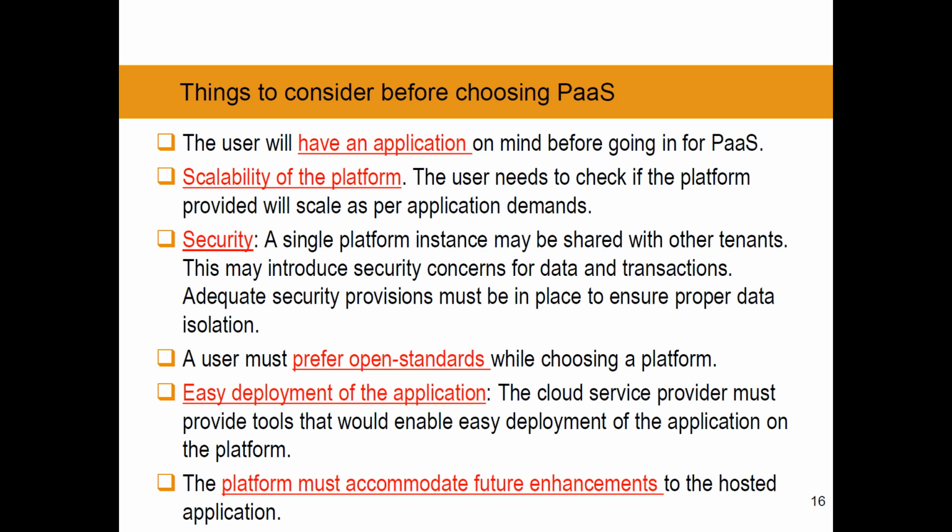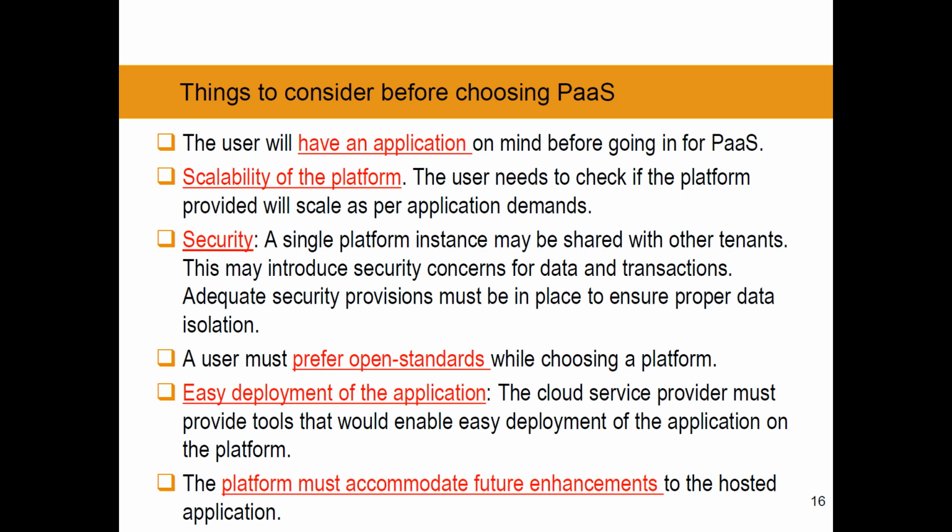And about security, a single platform instance may be shared with other tenants. This may introduce security concerns for data and transactions. Adequate security provisions must be in place to ensure proper data isolation. Because in a multi-tenant environment, you see a single instance.